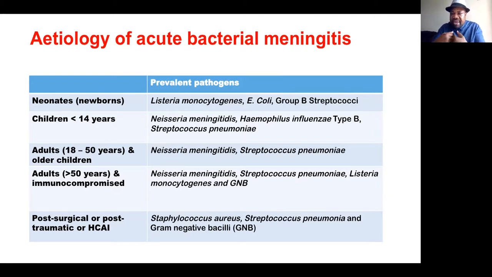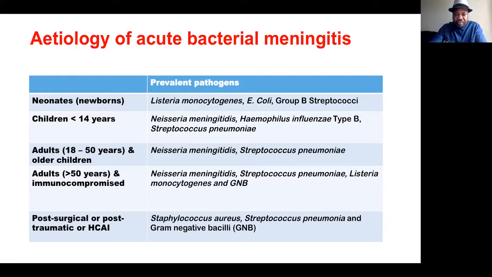So if the child had a vaccine against Haemophilus influenzae type B or a Streptococcus pneumoniae vaccine, sometimes you don't expect those pathogens, but you can still expect those pathogens with different serotypes that are not covered by the vaccine.